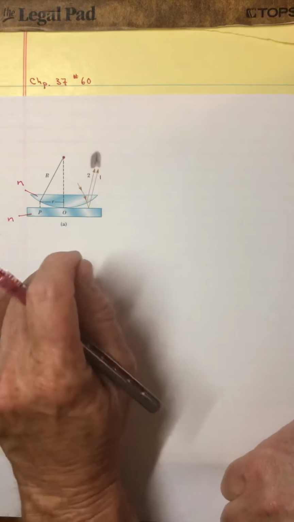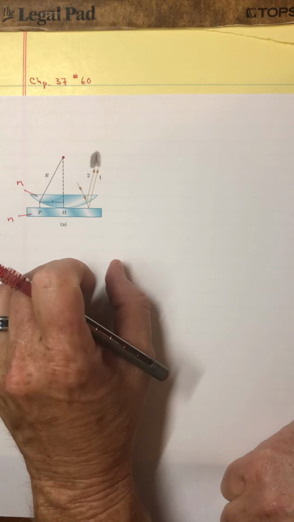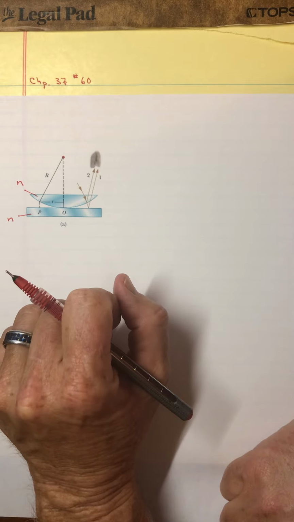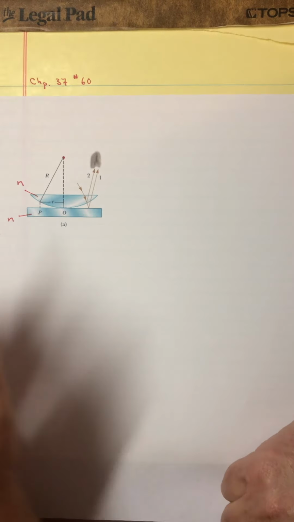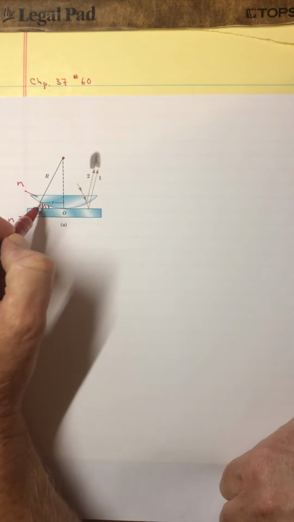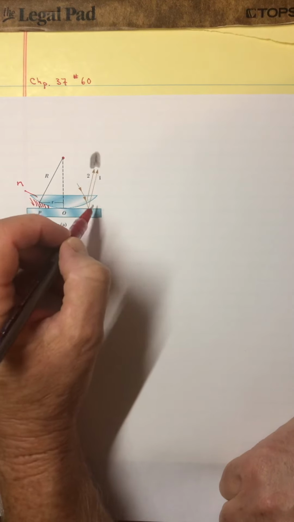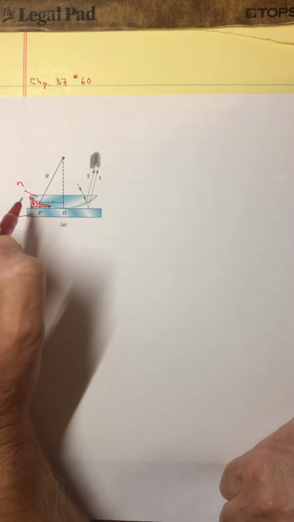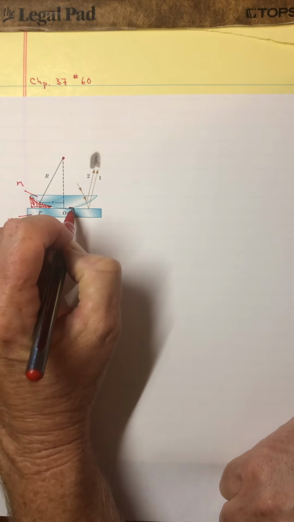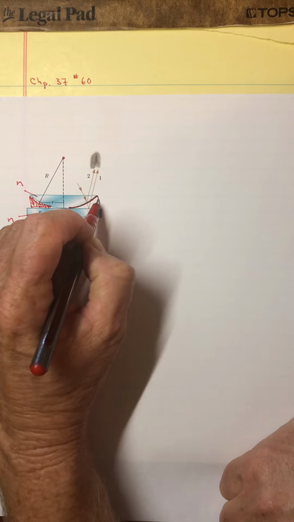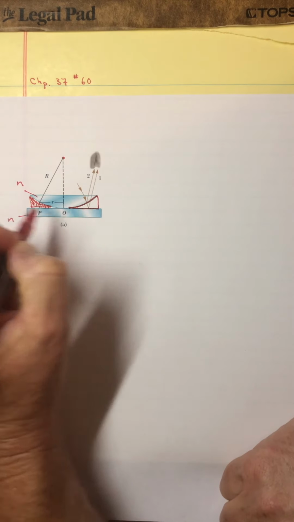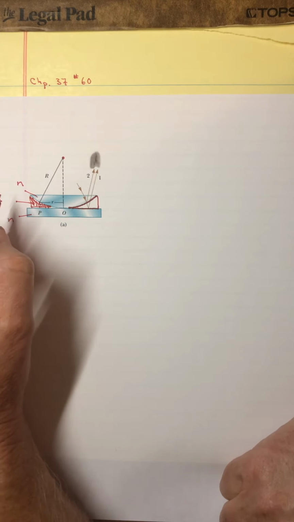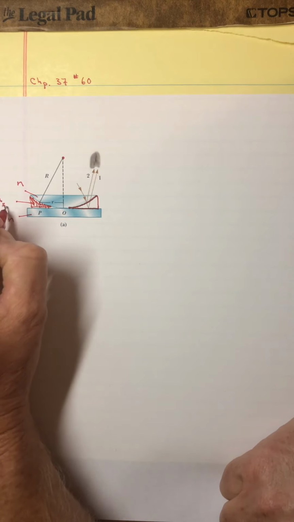It rests on a flat glass surface of the same index of refraction with a film of index n between them. So this little area in here, and then likewise over here, and I guess it would also be this area, is filled in with an index of n, and then they put a little subscript film under it.